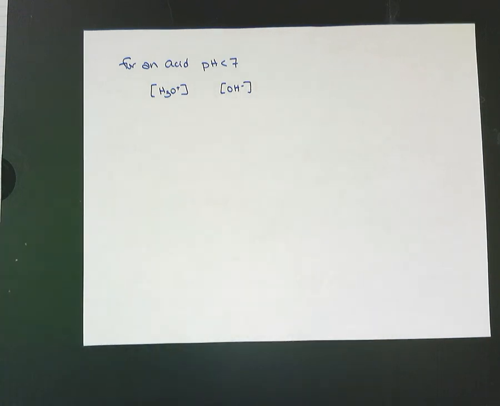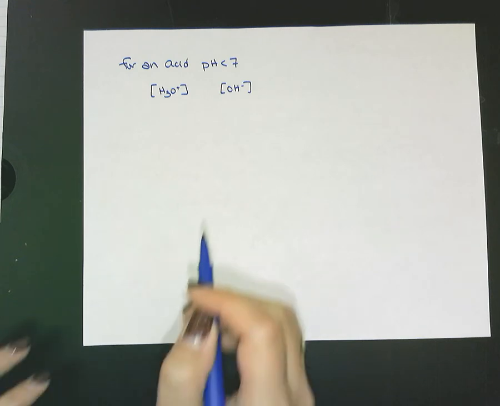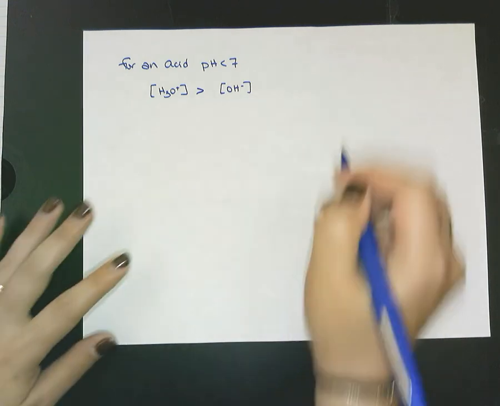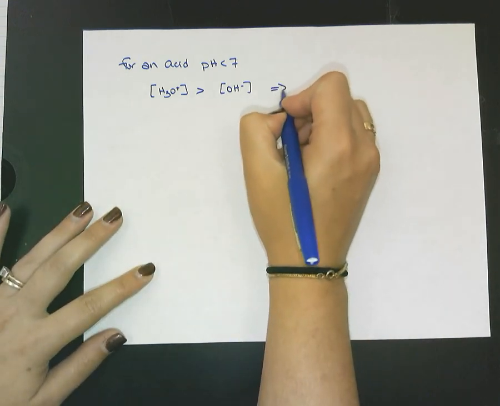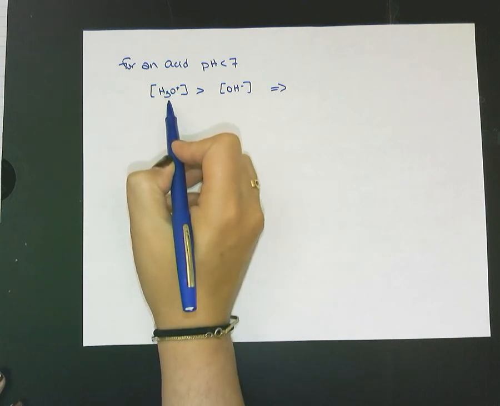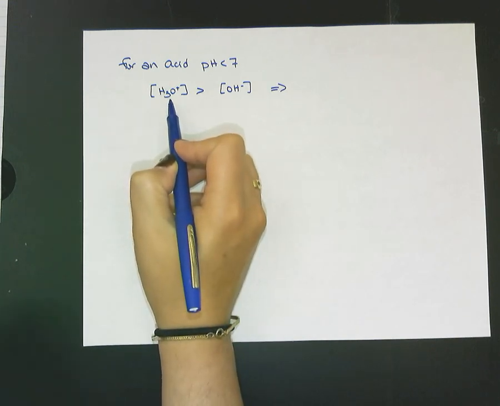So of those two species, which one is the predominant species in the solution? This one, right? So if that's true, what does that tell me about the concentration of hydroniums? Will it be greater than 1 times 10 to the negative 7th or less than 1 times 10 to the negative 7th? Greater.